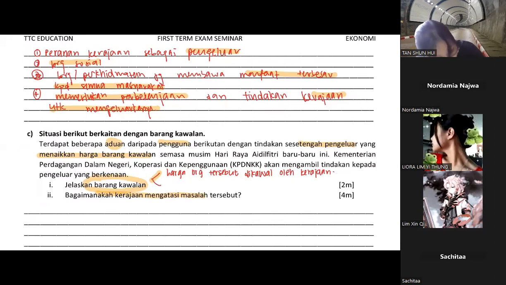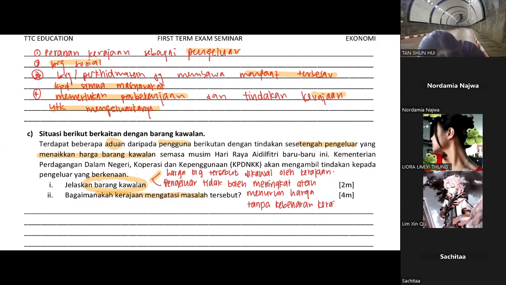No. So, pengeluar tidak boleh meningkat atau menurunkan harga tanpa kebenaran kerajaan. This is where your 2 marks come from. You tell me this is a control goods. Tidak boleh meningkat atau menurun harga.